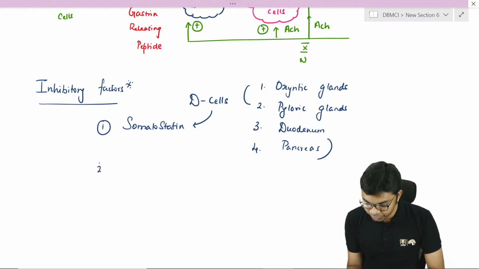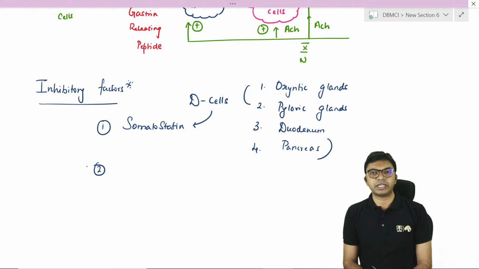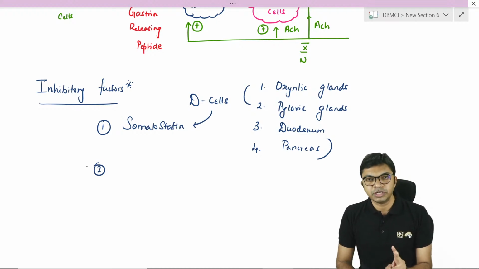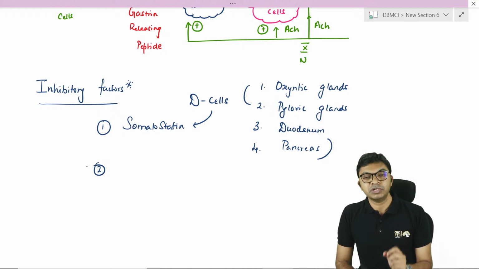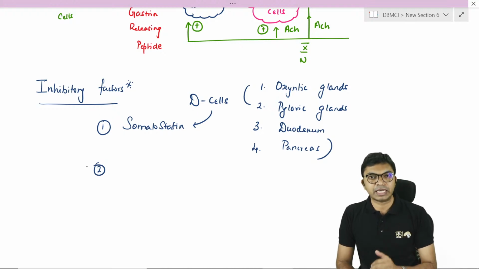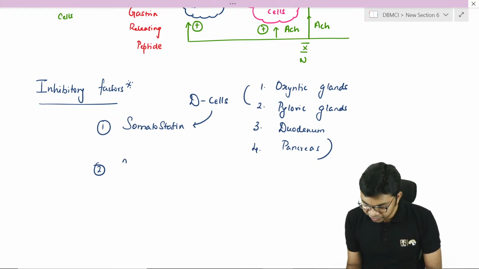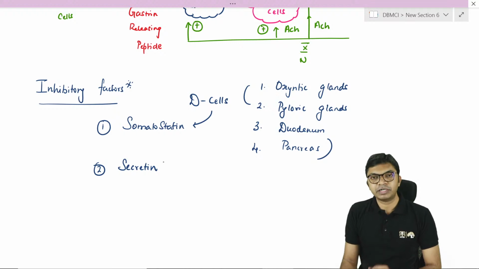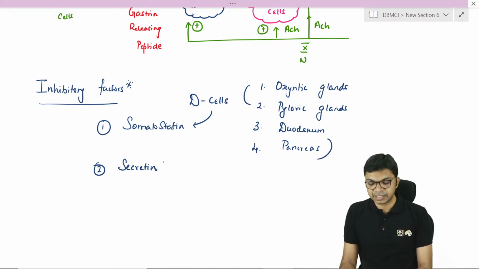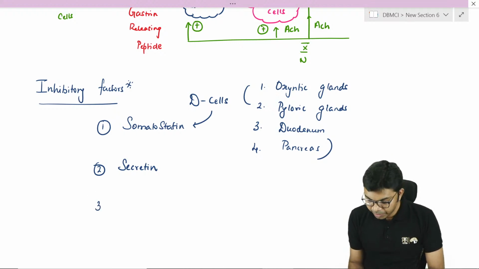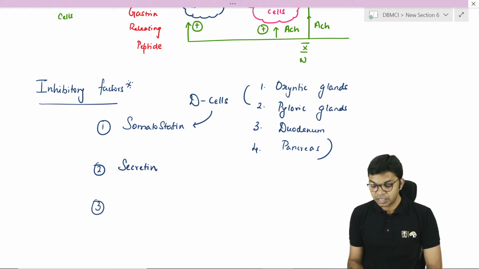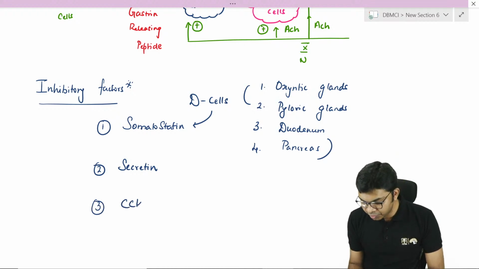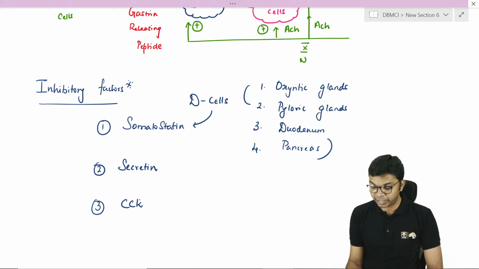Alright, number two. Apart from somatostatin, we are going to see two extremely important hormones involved in blocking gastric acid production. The first and foremost among which is secretin. Secretin has a direct inhibitory action on parietal cells' acid production. Apart from the action of secretin, there is also inhibition of parietal cells by cholecystokinin.